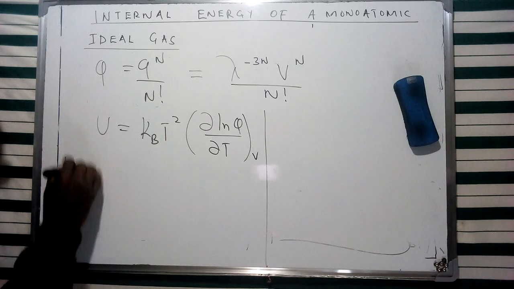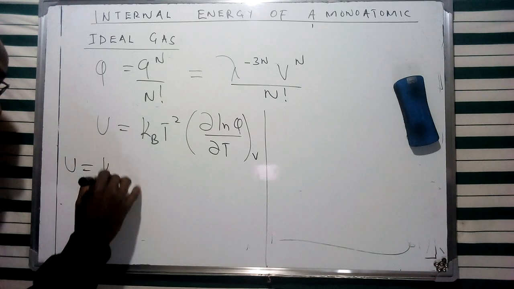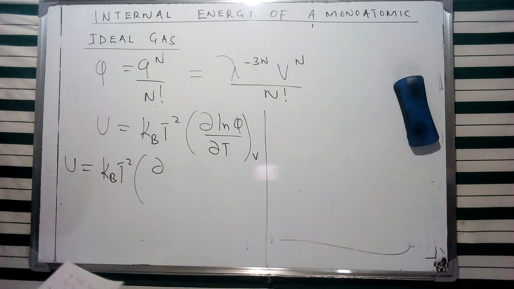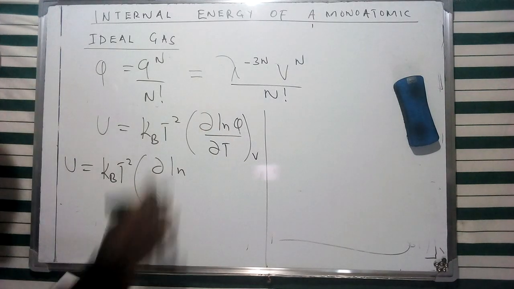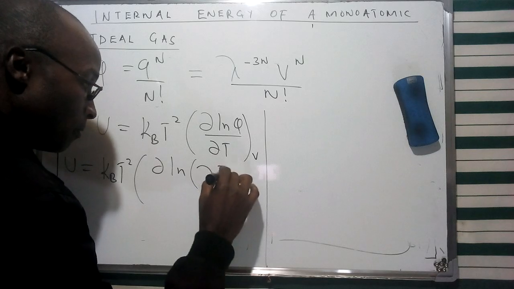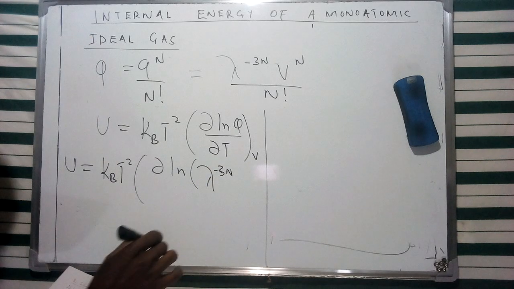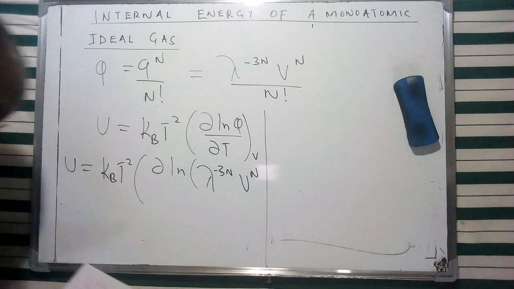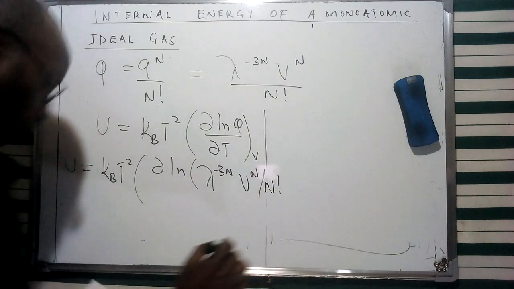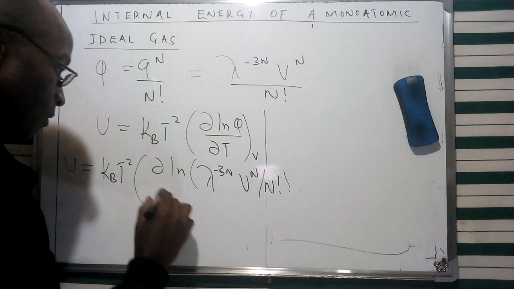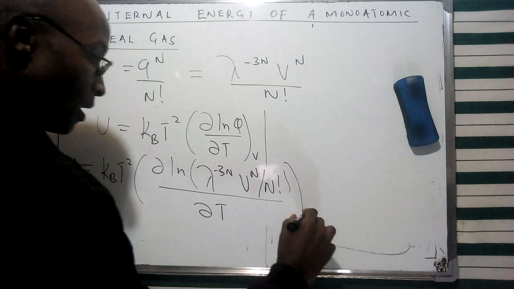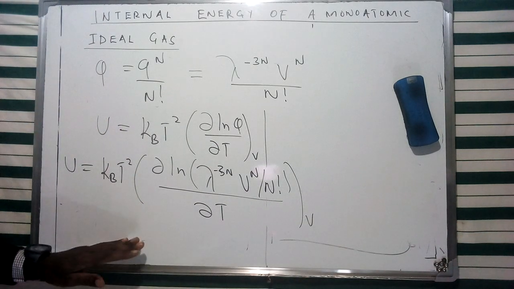So we're going to have U equivalent to kB T squared, and this substitution basically gives me the negative of V^N over N factorial, all with respect to T, at constant volume.